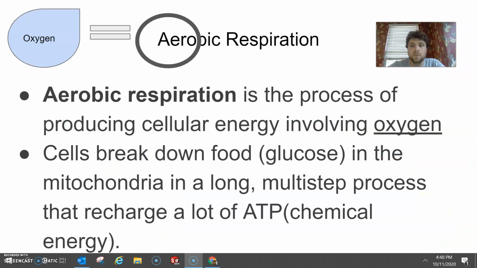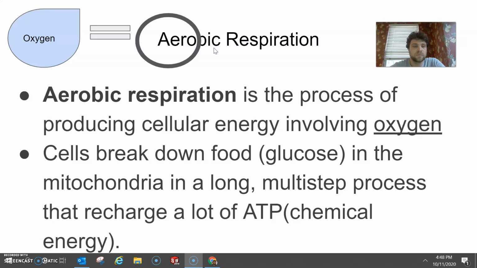And so the process we'll be talking about today to control the energy stored in glucose, to break those bonds and release that energy in a controlled way, is called aerobic respiration. And I've circled "aero" here because aero as a root means oxygen. So this is oxygen respiration. Aerobic respiration is the process of producing cellular energy involving oxygen.